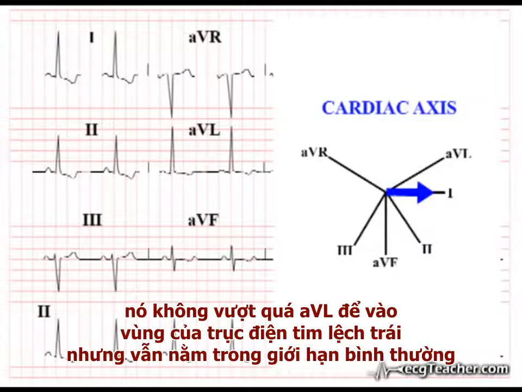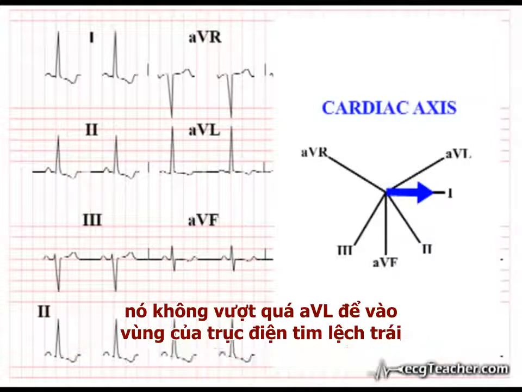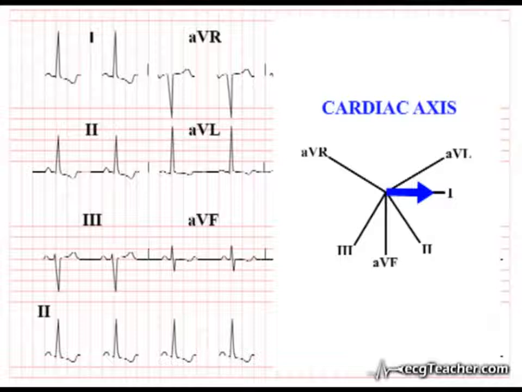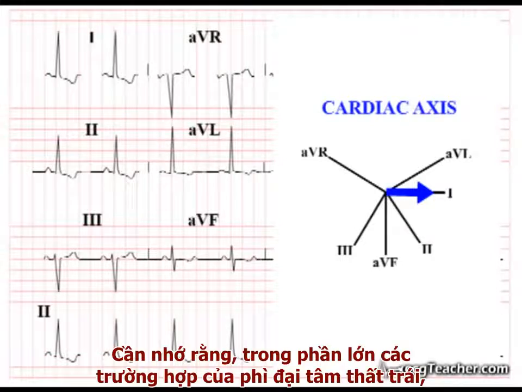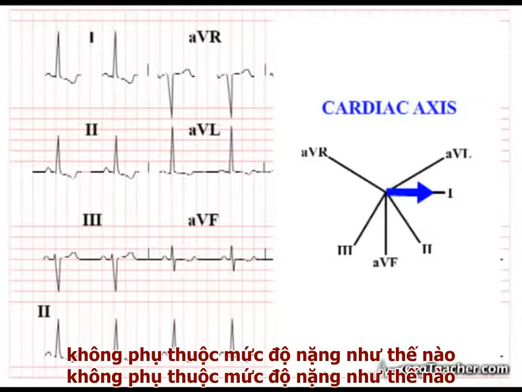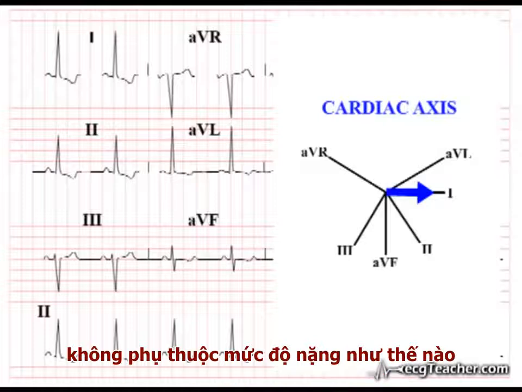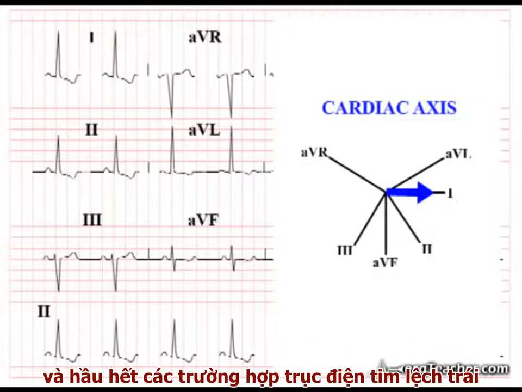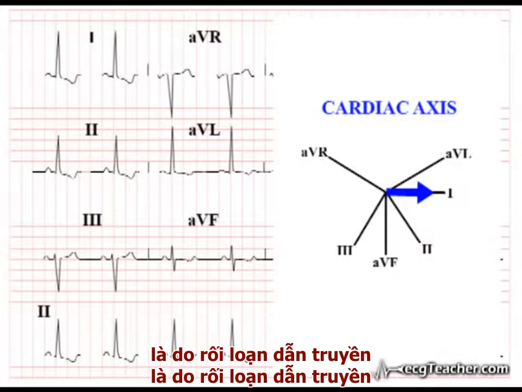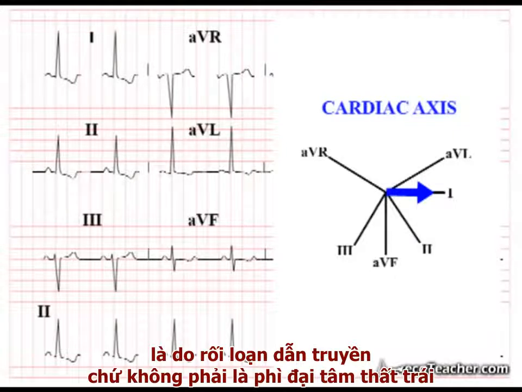It does not lie beyond AVL in left axis deviation territory. Remember, the majority of cases of LVH, irrespective of severity, are not associated with left axis deviation, and the majority of cases of left axis deviation are secondary to conduction defects and not left ventricular hypertrophy.